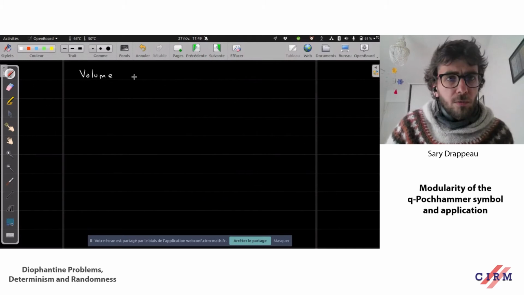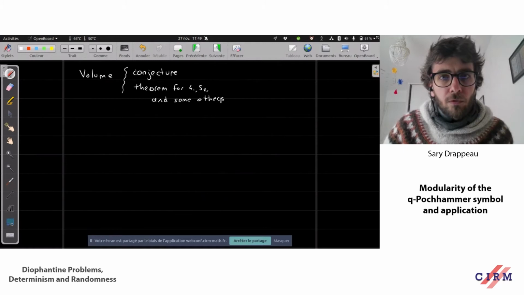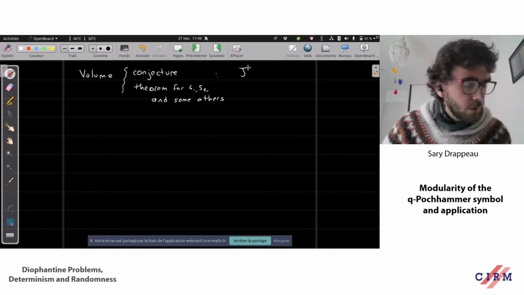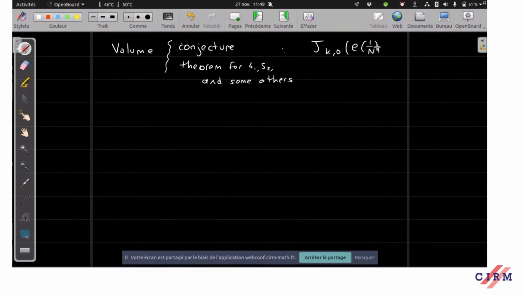So here's a statement. It's called the volume conjecture, but it's actually a theorem. It's not a theorem still. It's a theorem in some cases. And in the cases that I'll talk about today, it's a theorem. But for a generic knot, it's still wide open, and the knot theory people are very interested. It's an important conjecture.